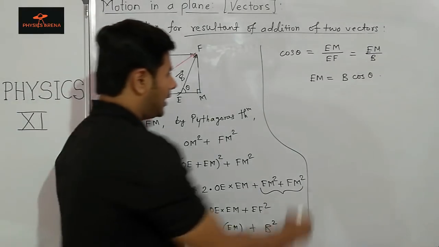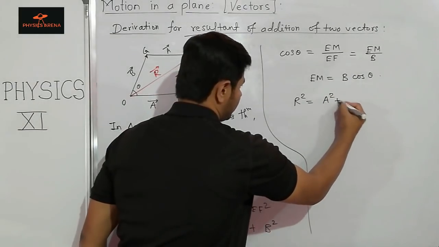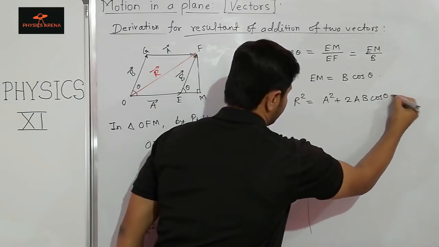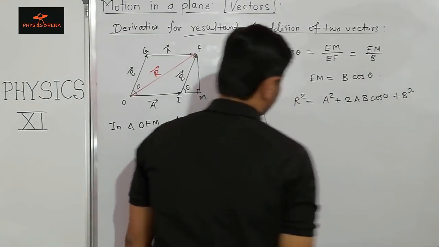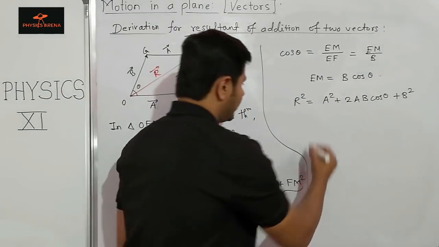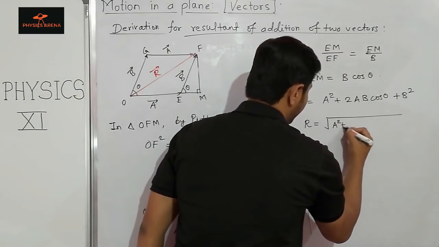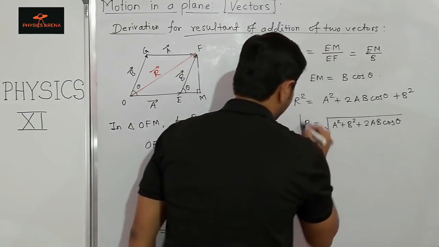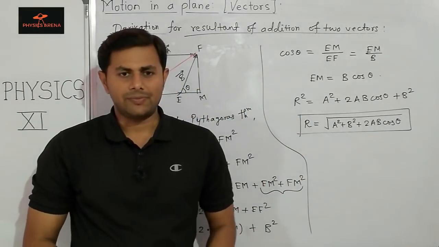So we get R square equals A square plus 2AB cos theta plus B square. Taking the square root of that, we get the magnitude of R bar. So R equals square root of A square plus B square plus 2AB cosine of theta. This is a very, very important relation.